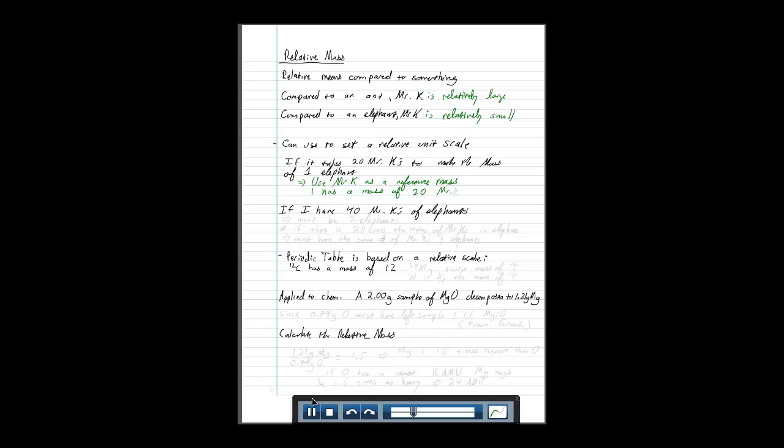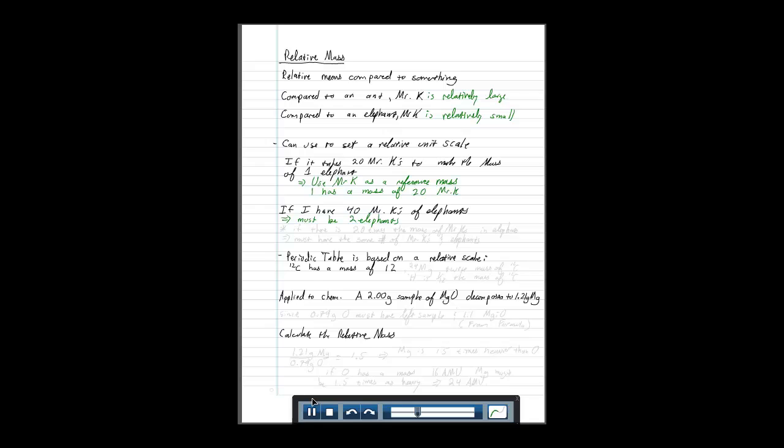So we can use Mr. Kilgore as a weight term. I don't know if that's true or not, but assume it is. And if I have 40 Mr. K's worth of elephant, there must be 2 elephants. I can use this as a ratio of number, too, if I have that relative.